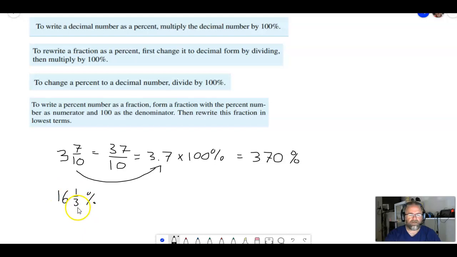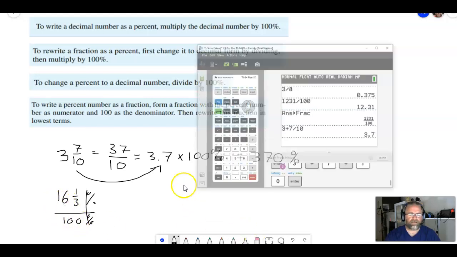All right, so in order to convert it to a decimal, we want to divide by 100%. And the percents will cancel out, and then we'll have 16 1/3 divided by 100. Now, we can do this a couple of different ways. I'm going to show you how to do it in the calculator.